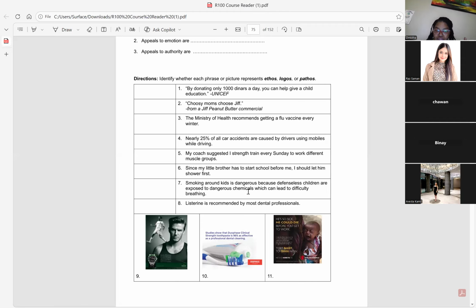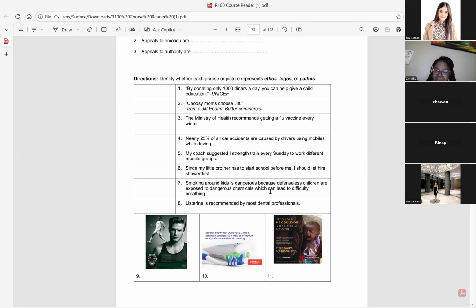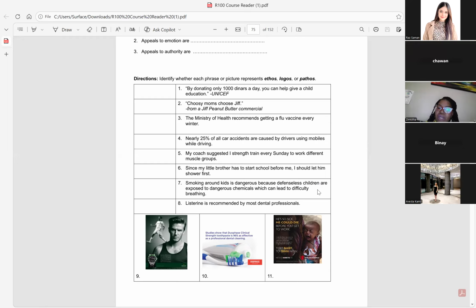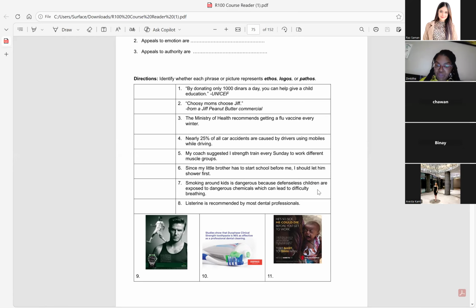Which word do you think makes you feel it more? Defenseless, there you go. Defenseless children. We know that children cannot fight or do things for themselves, so we already know emotionally it's affecting us. So you can have situations where you have both logos and pathos together.